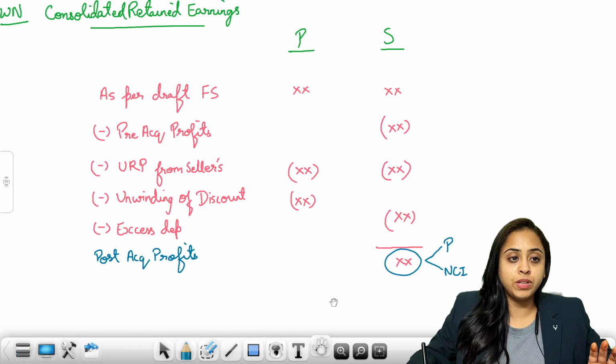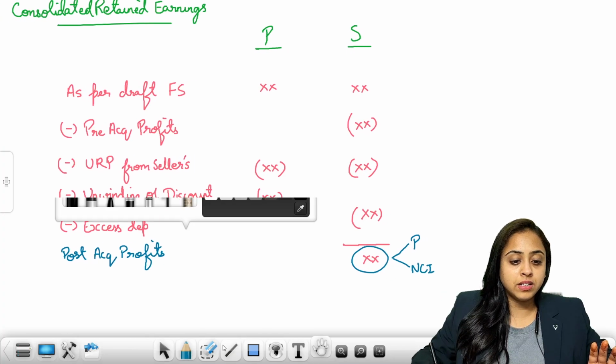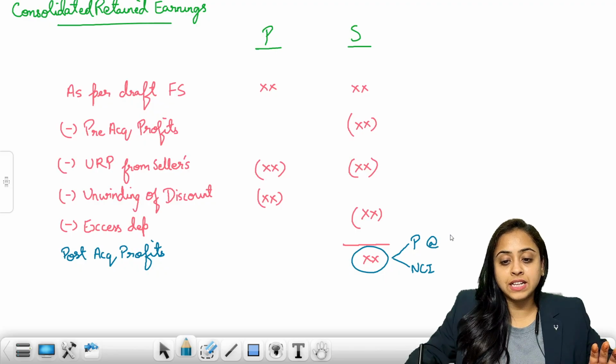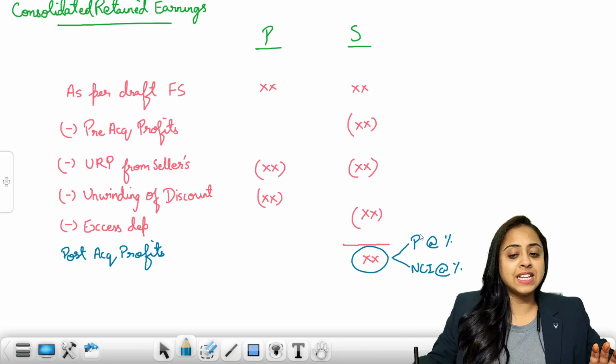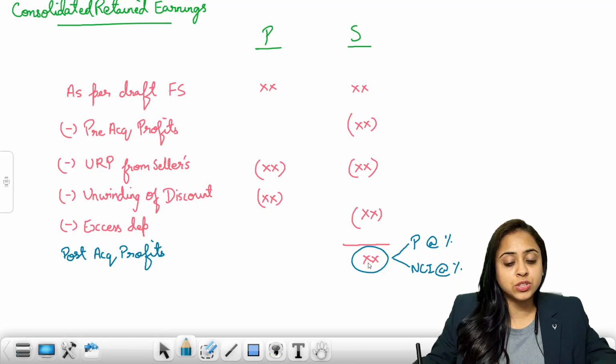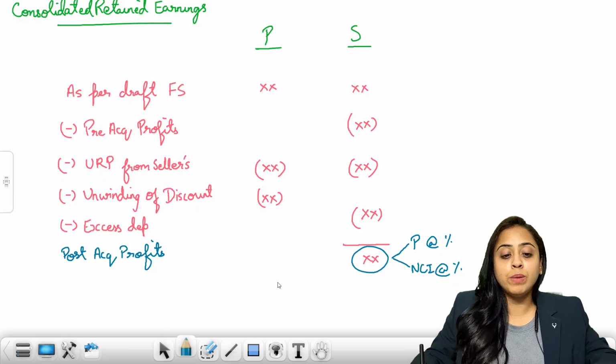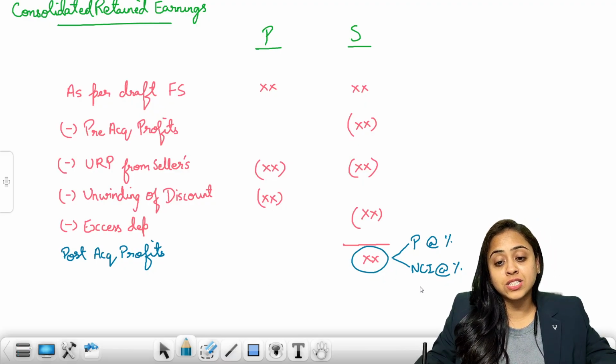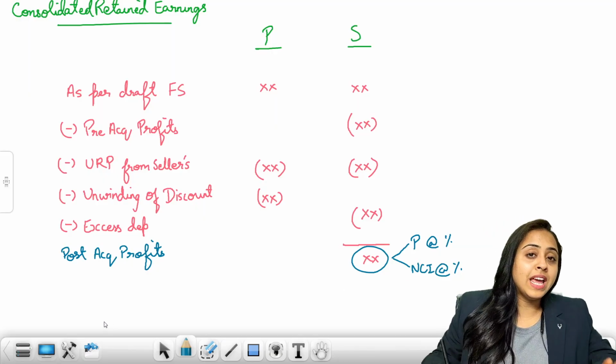I hope the working note is clearly visible. Parent at the rate of their percentage of holding, NCI at the rate of their percentage of holding. Let's say parent holds 75% and this is, let's say, 10,000. So 10,000 into 75% will be added to parent's column, and 10,000 into 25% will be added to NCI.